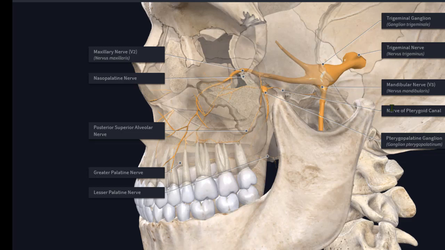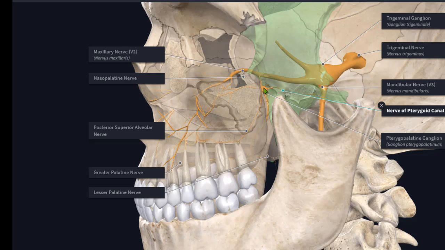This nerve to pterygoid canal is actually the union of the deep petrosal nerve, that is the sympathetic, and the greater petrosal nerve, that is the parasympathetic from the 7th cranial nerve.